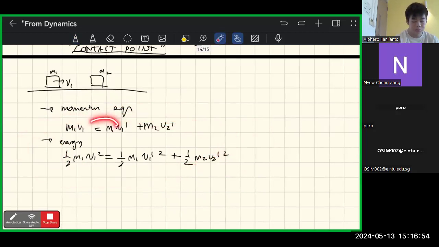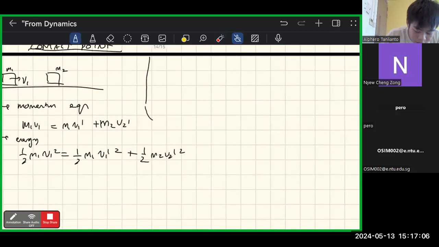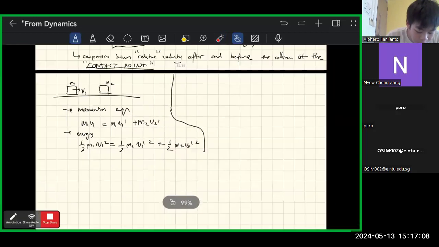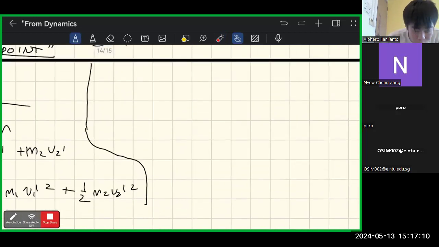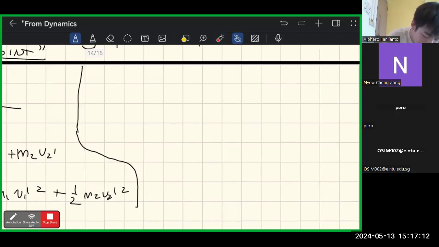I mean, you move this, and then you equate stuff, and you use some math. You can do it, but it's just rigorous. So if you're using the coefficient of restitution instead, it's going to be far easier.